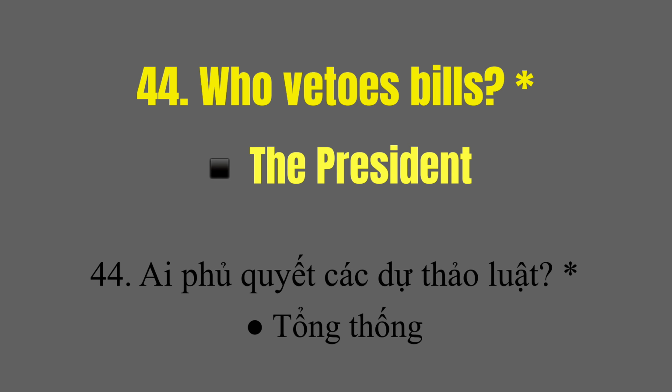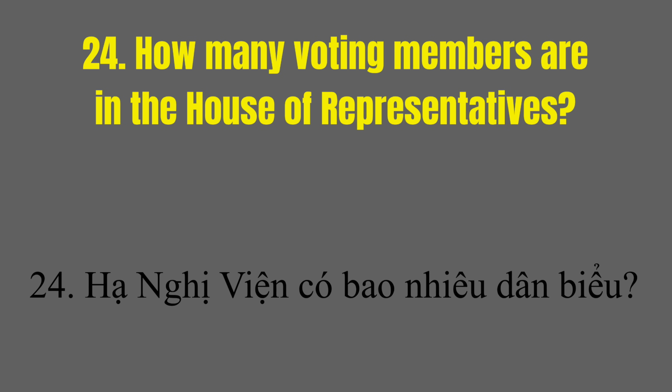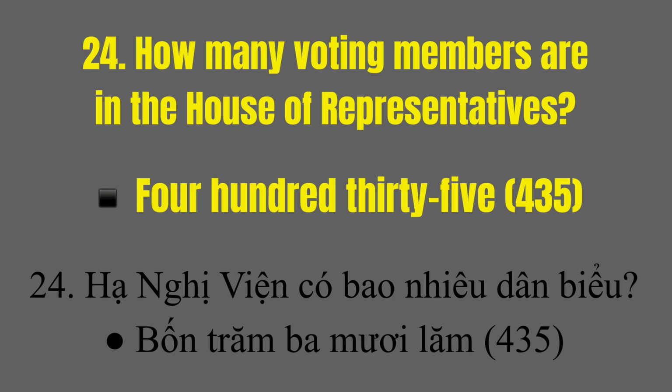The President. How many voting members are in the House of Representatives? 435.